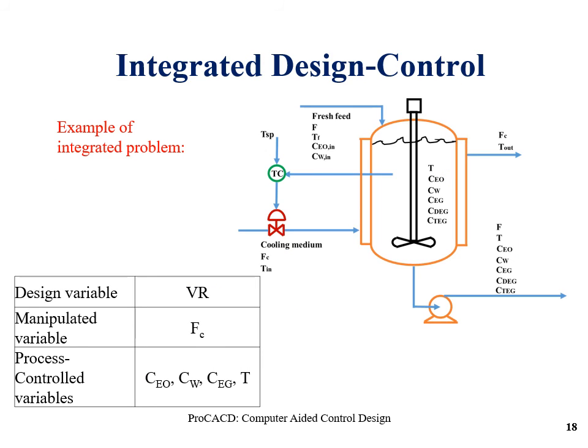Okay, now what are the other types of problems this tool can solve? You are aware that it is very important to design both the process and the control structure together, because in general, they design the process first, and based upon these design parameters, they come up with a control structure which fits the original design.